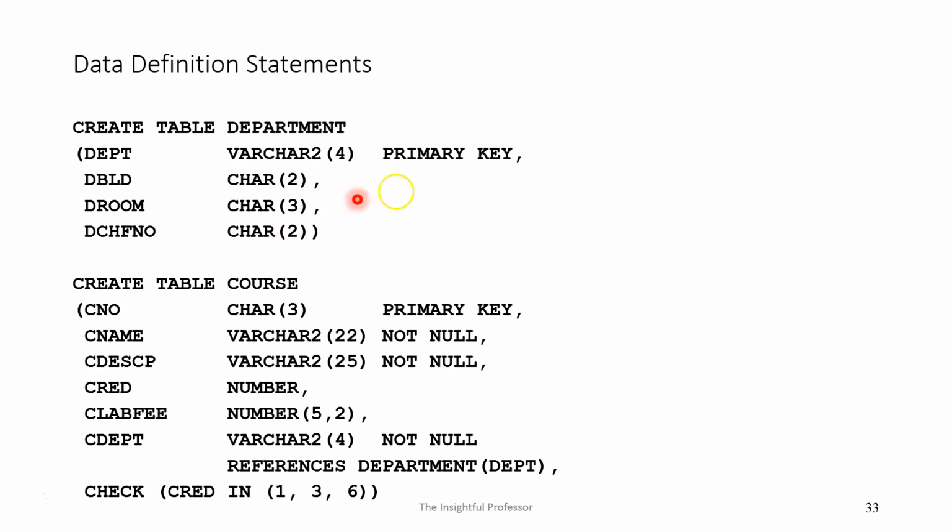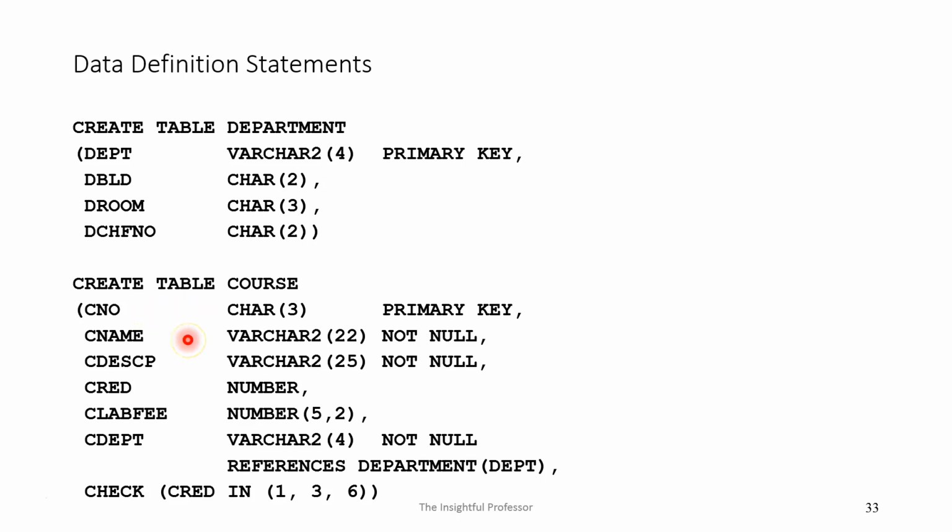Now, this table, as we see, has a primary key which is atomic, a single column. Likewise, the course table has a primary key which is atomic, again, a single column. Each row in the course table identifies a single course offered at this particular school. CNO, the course number, is the primary key.